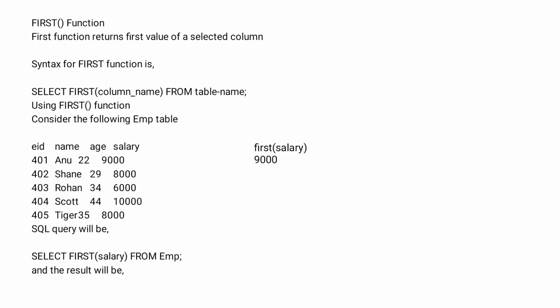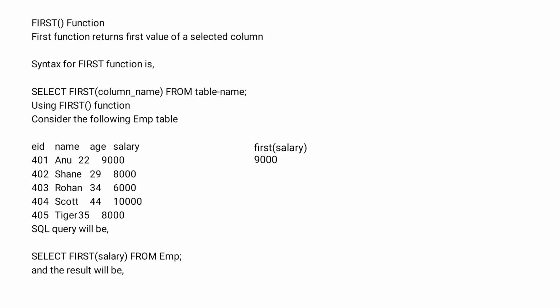Now the first function returns the first value of the selected column. So select first of the column name from the table using the first function. The first salary in the table is 9,000, and we can apply it on any of the columns. If we apply first of EID from the EMP table, the output is 401.